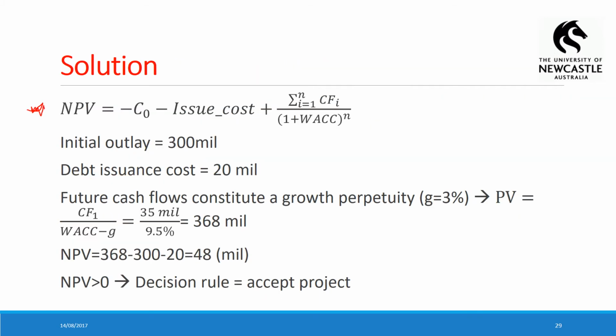As we mentioned before, the issuance costs should be treated as a deduction from the cash flows at the time that we issue the security. If we were to buy the company today, we have to issue the security today as well. Therefore, the issuance cost would be a negative cash flow happening at time 0.